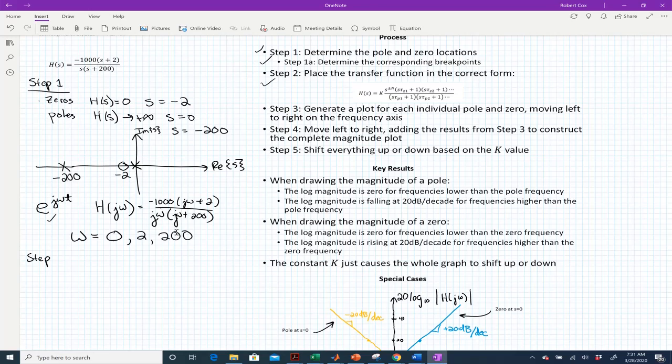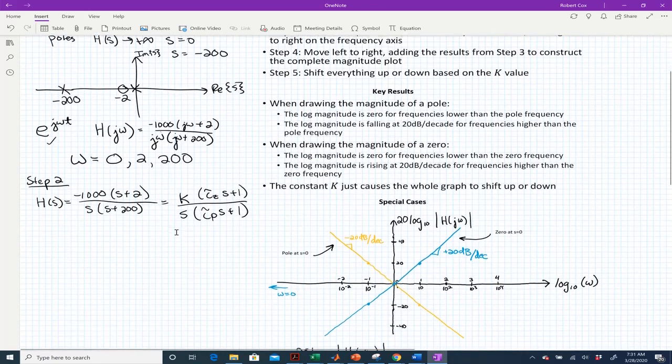In this particular case, I want to get my H of s, which is minus 1,000 times (s plus 2) over s times (s plus 200), into some form of K times (tau z s plus 1) over s times (tau p s plus 1).